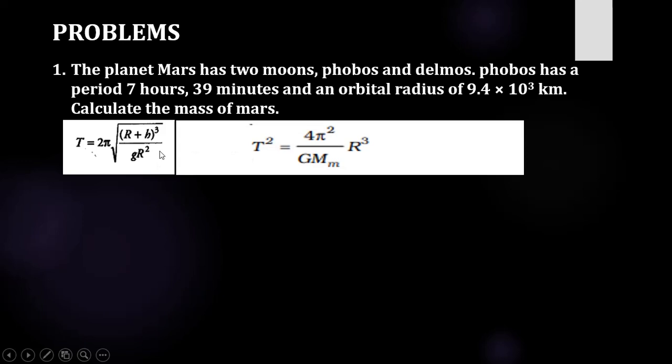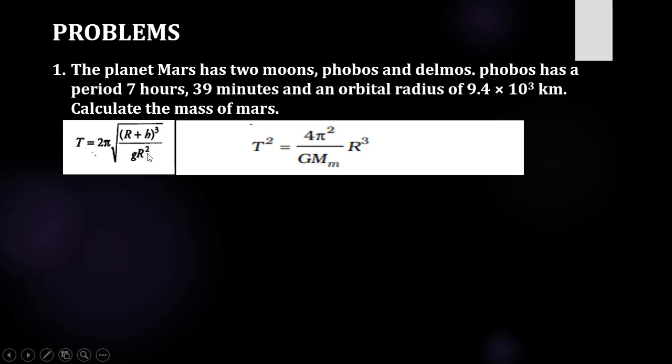and instead of g R square you can write GM, and if you square it, it becomes T square, and all these terms get squared. So 2 becomes 4, pi becomes pi square, and (R plus h) cube upon GM will come out of the root. Instead of g R square I have taken GM because I want the mass.